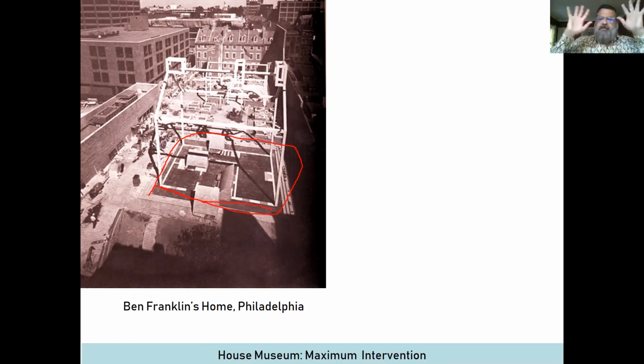So spatially, it contained the space of the house in its outline, and through that, the visitors can experience the house of Ben Franklin, and there are also some privy pits and wells and foundation that they can look into and experience Franklin's house in that way. So this can be considered more of a moderate to maximum intervention.